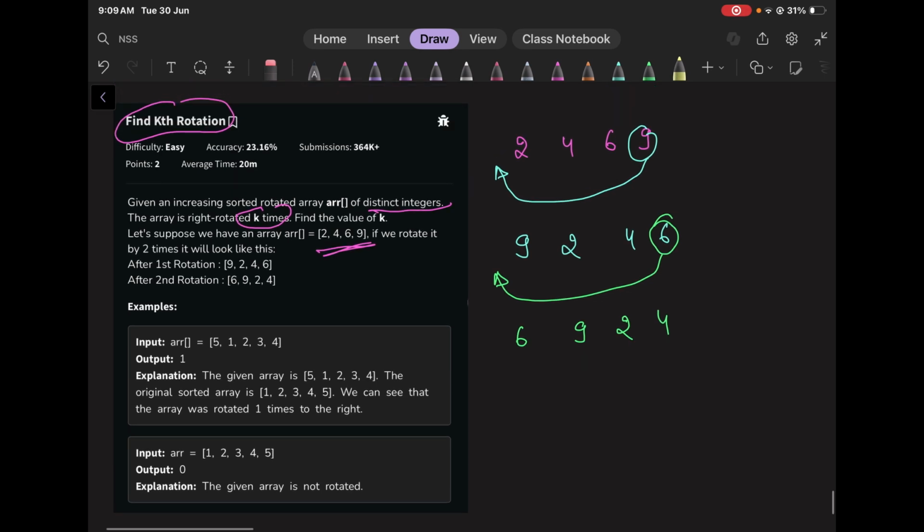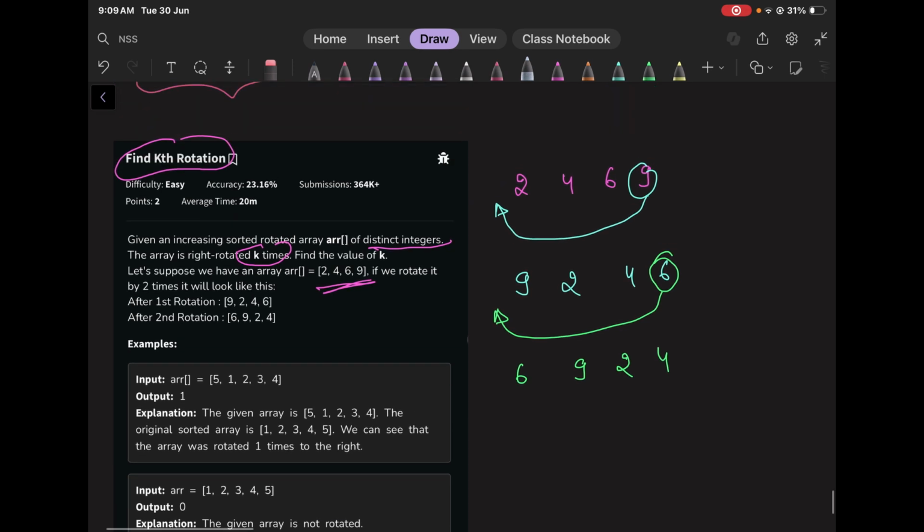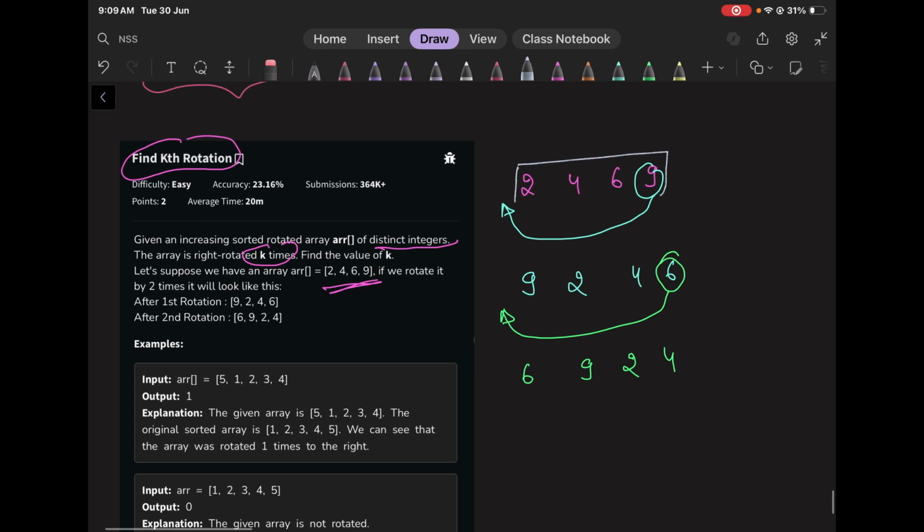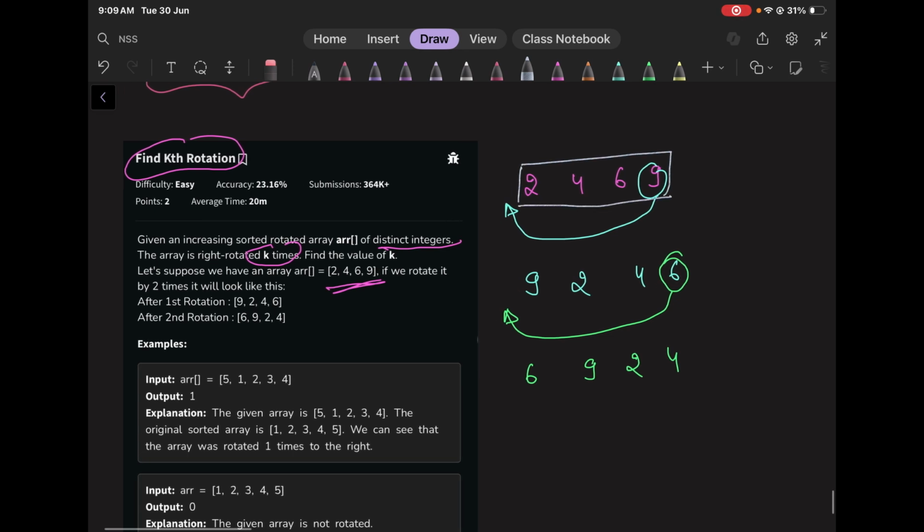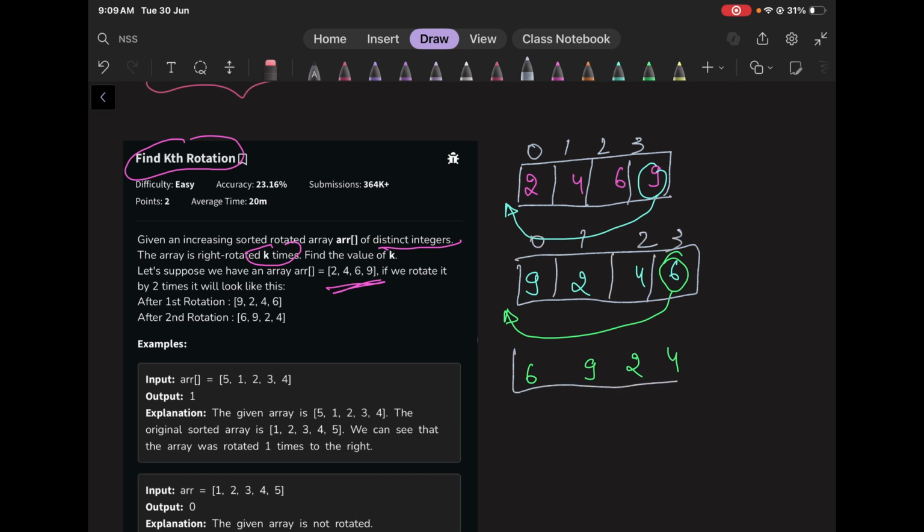Okay, so what I could do, let me dry run on this itself. So over here let me put the indices 0 1 2 3, 0 1 2 3, and this also will be 0 1 2 3.